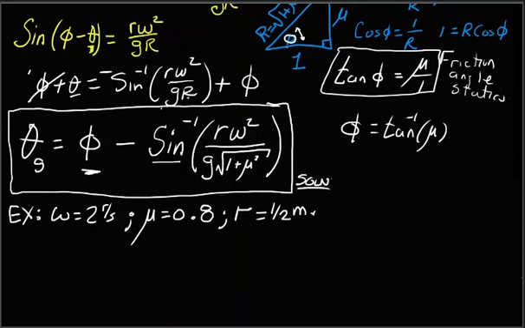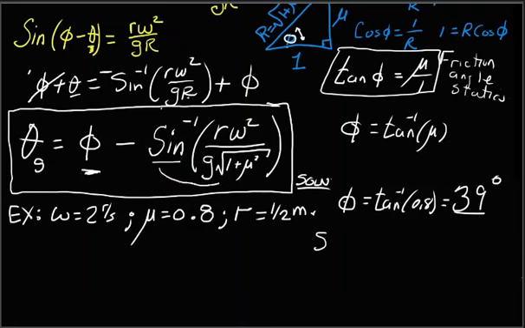From there, we will get phi is tan to the minus 1 of 0.8, which works out to be 39 degrees. And then this angle here, we can call it beta.